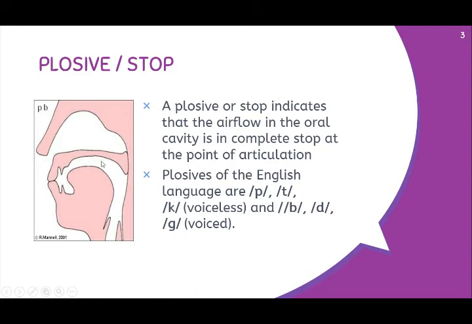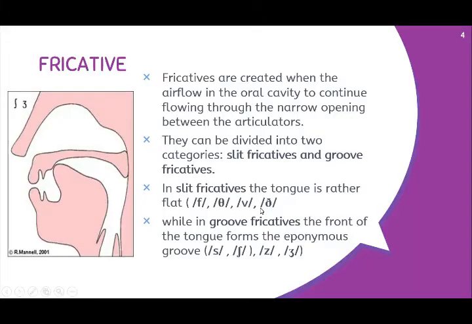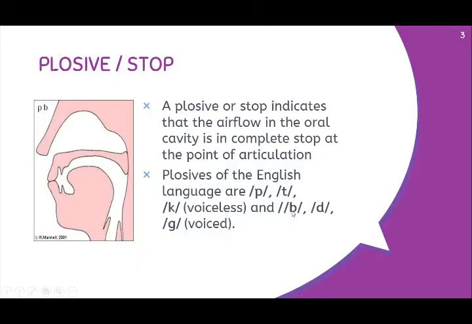Oral cavity itu yang di mouth ya. Dan kemudian menghasilkan bunyi plosive atau stops. Plosives of the English language can be p, t, k, which are voiceless, or b, d, and g, which are voiced.